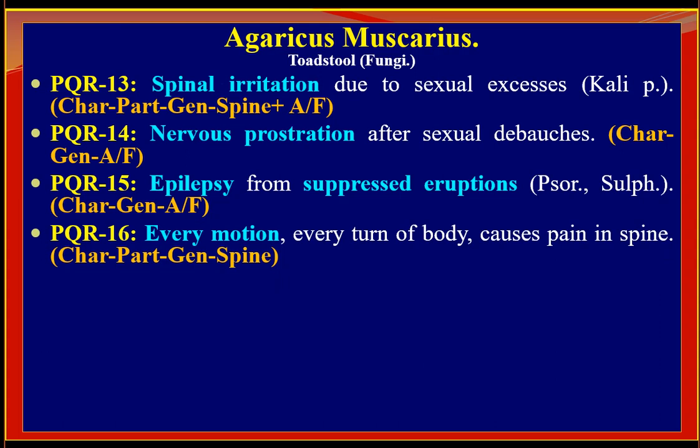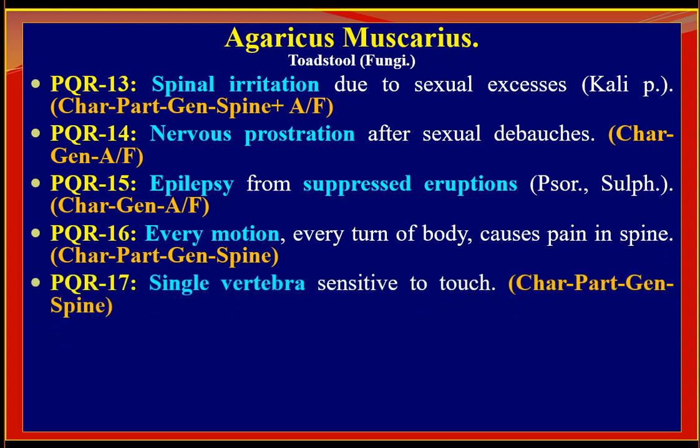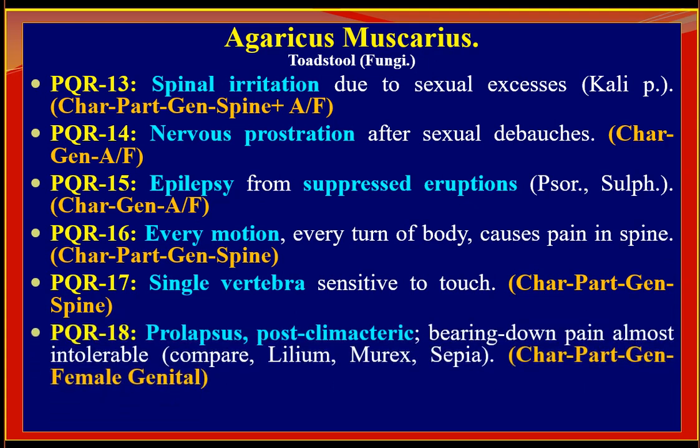PQR 16 tells us about every motion, every turn of body causes pain in the spine. So it is low backache, which is worse by movement. It is a particular symptom. PQR 17 tells us about single vertebra sensitive to touch, which we generally find as a very uncommon peculiar symptom.